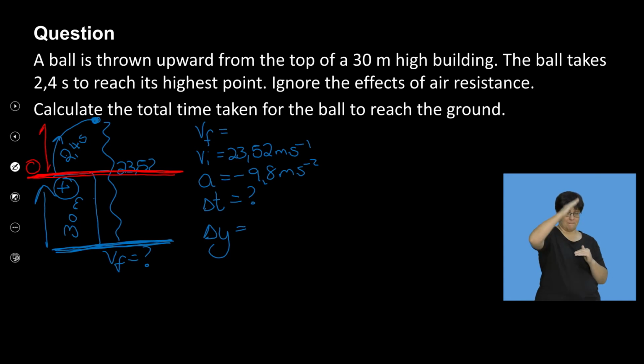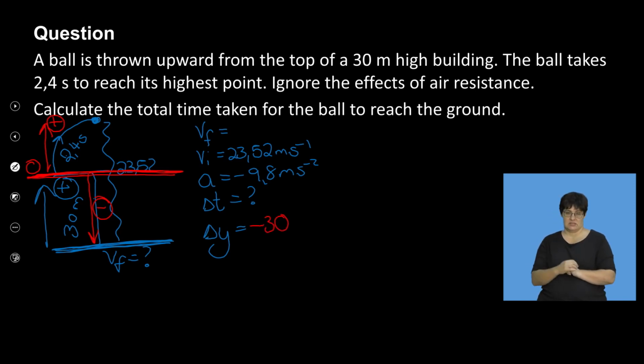Any displacement above that is positive, anything below it is negative. This is minus 30. That's the big thing here. That's very much the big thing here. So here we've got to pay attention.